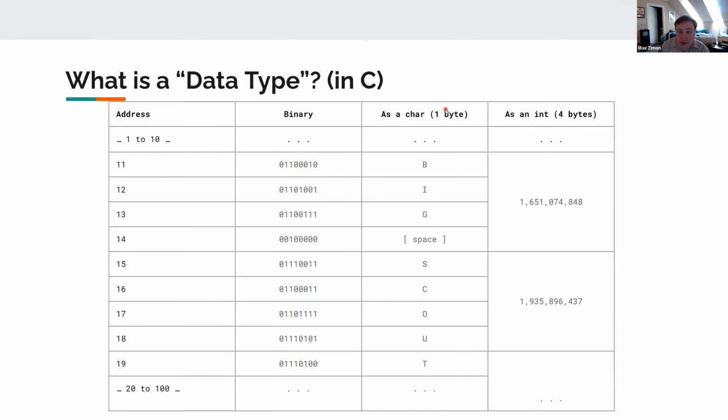Well, in C, the answer is that for a char, you need 1 byte. So this piece of binary, if you consider it to be a char, has a value of B. This piece has a value of I, and so forth. For an int, to express all those numbers, because remember, we don't know whether you're expressing the number 10 or the number 1,651,074,848.